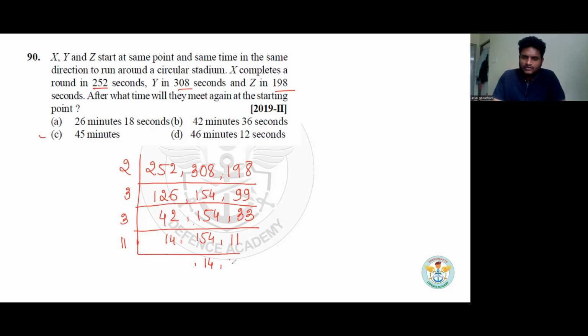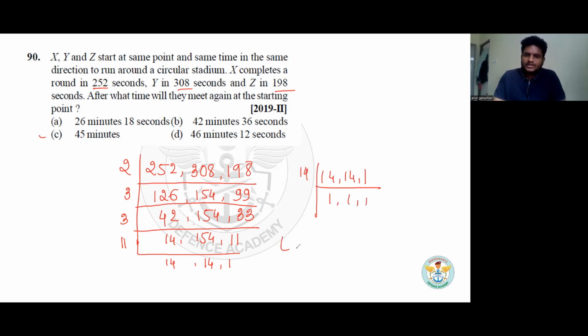So it will be 14 and 11. Now I'm left with 14, 14, 1. I'll divide this 14 by 14, ones are.